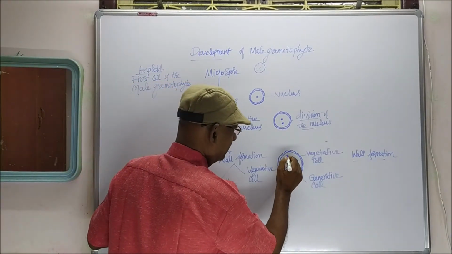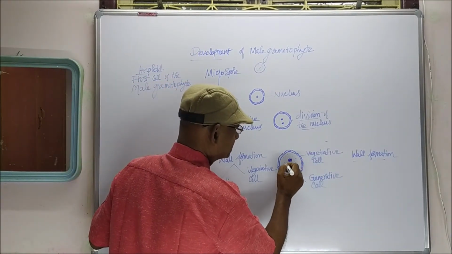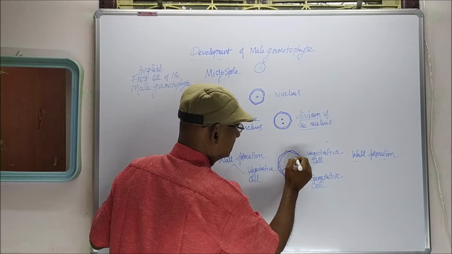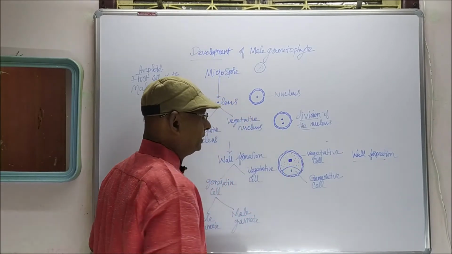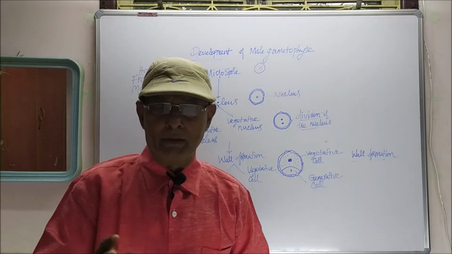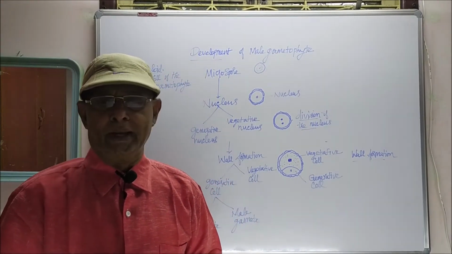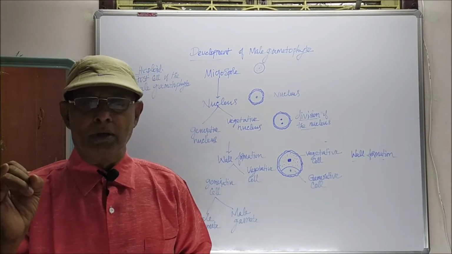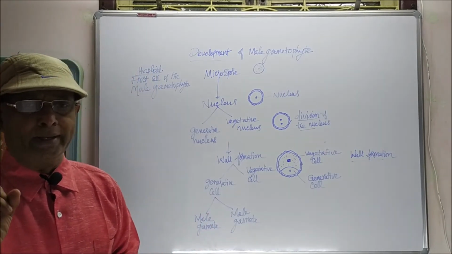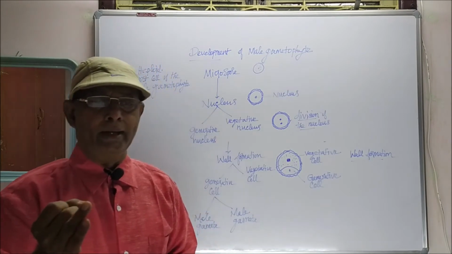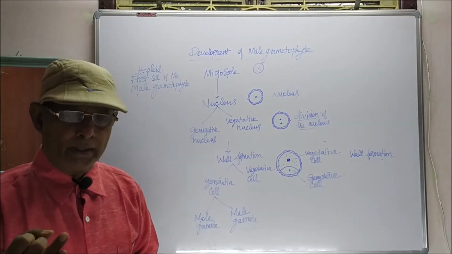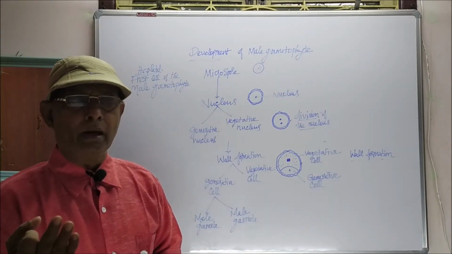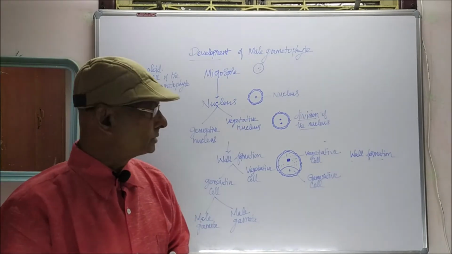So, three qualities we can say for vegetative cell: it is large, containing irregular nucleus and containing abundant reserve food materials.